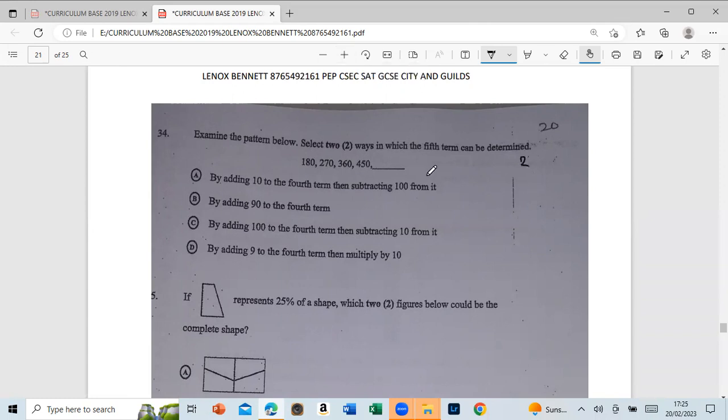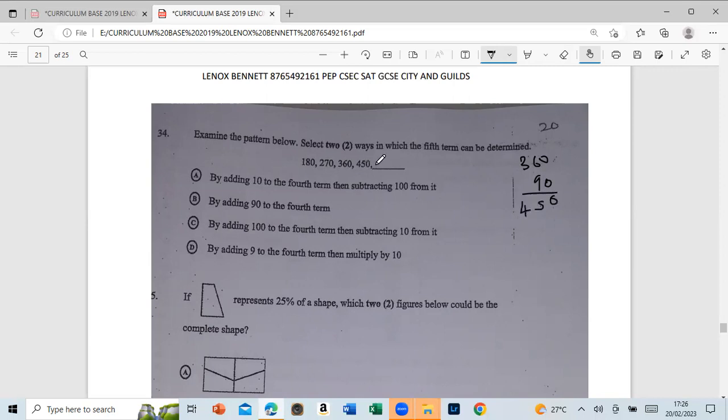Let's check it. 270 plus 90, 360. If we add 360 plus 90, we could get 450. Then it would be just adding 90, right? So boom. Alright, so we see the pattern adds 90.